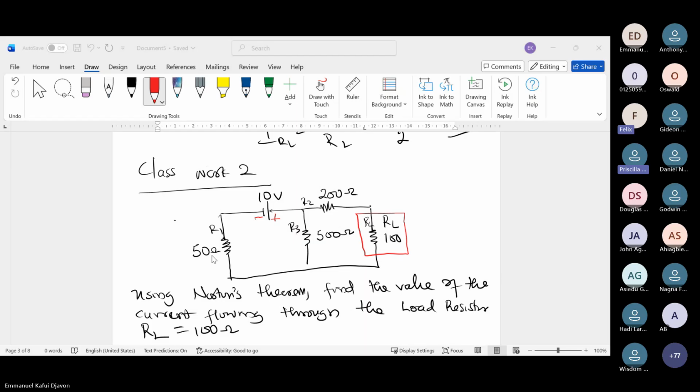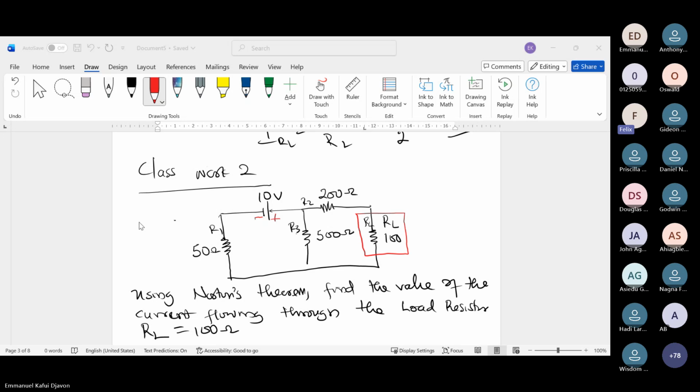For example, let's say R2 times R3 all over R2 plus R3, into bracket plus R1. So R2 is 200 times R3 is 300. You times that one.